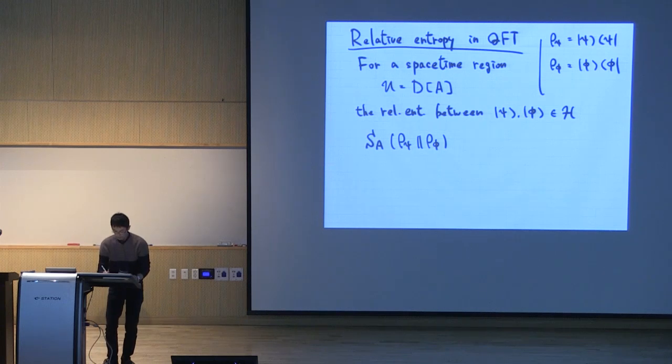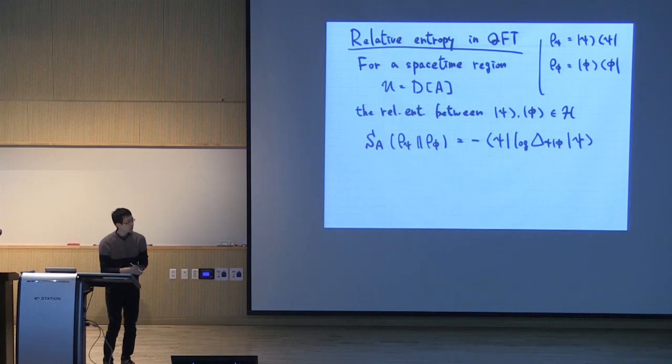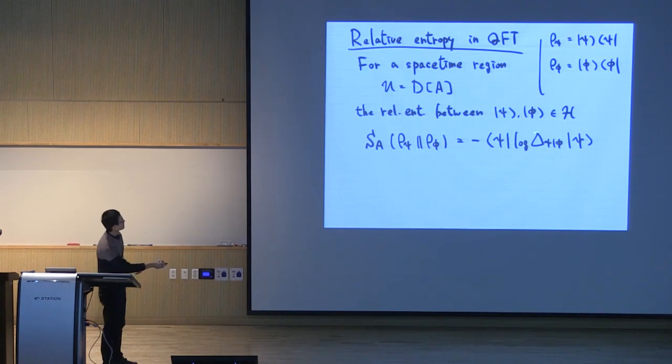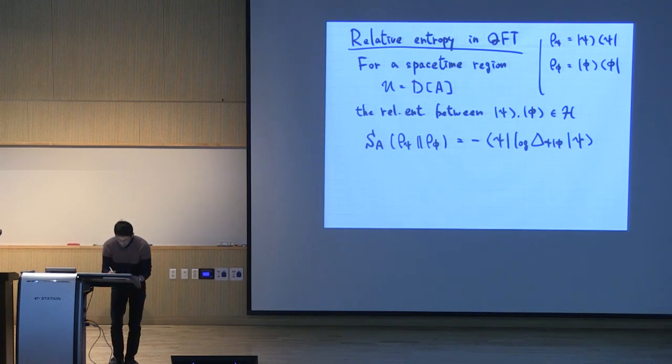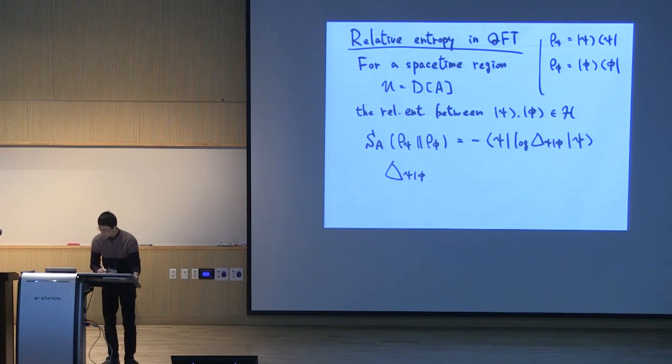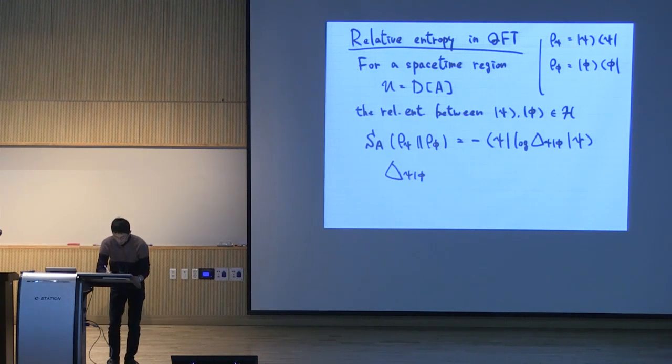Then the definition looks weird, but it turns out to be equal to the previous one. You have minus the expectation value of the log of some operator. This delta_{psi|phi} is the so-called relative modular operator.